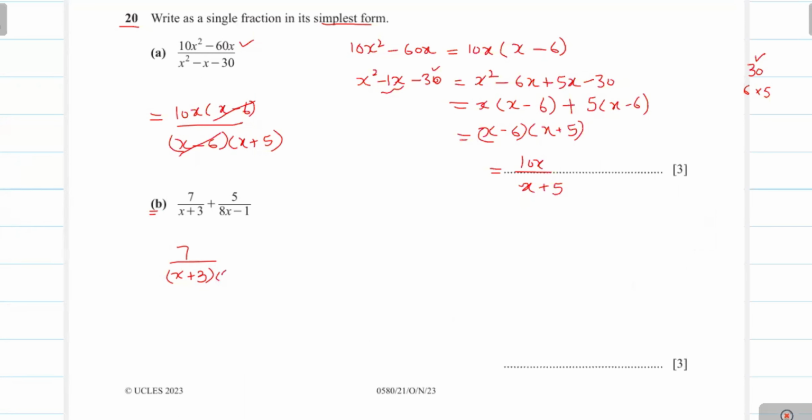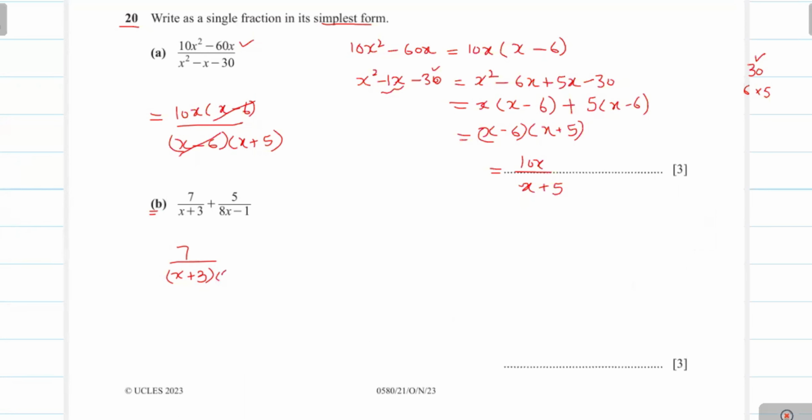And we can write here this fraction: 7 times 8 is 56x minus 7 plus 5 into x is 5x plus 5 times 3 is 15 over x plus 3 into 8x minus 1. Now we simplify this fraction.